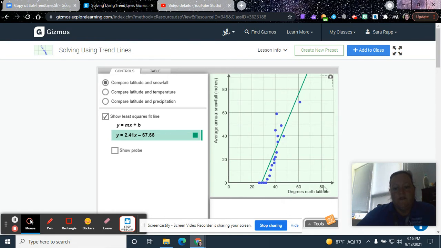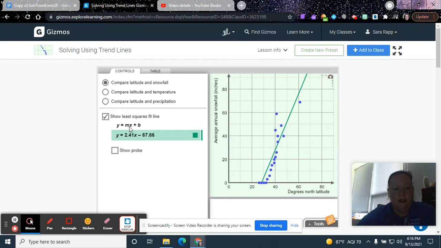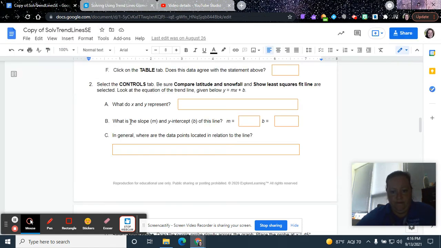Our X is our horizontal axis, and our Y is our vertical axis. So the X is the degrees north, and the Y is the average annual snowfall. What's the slope and the y-intercept? When you look here, you have your M and your B. So what's your M? What's your B?